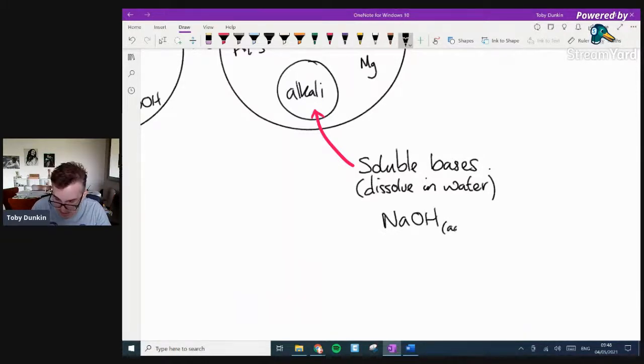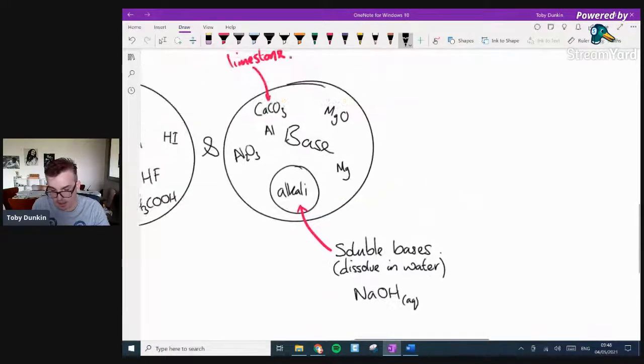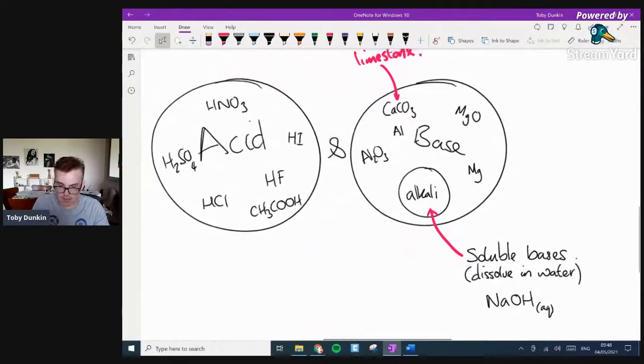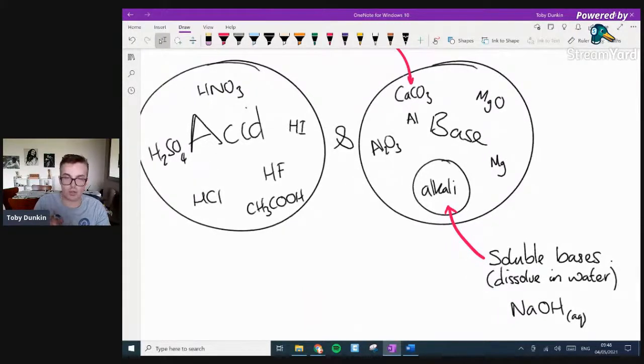So that can be aqueous as well as a solid. So there are 2, it's an odd world, isn't it? And it's a strange thing because not all bases are alkalis, but all alkalis are bases. It's a bit like all jacuzzis are hot tubs, but not all hot tubs are jacuzzis, because jacuzzi is a brand name.